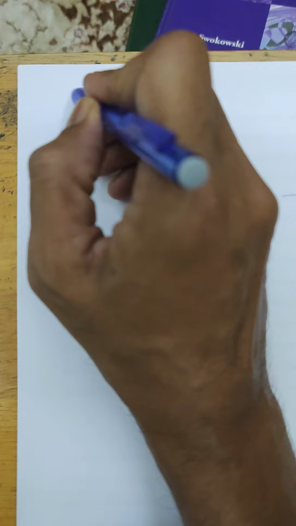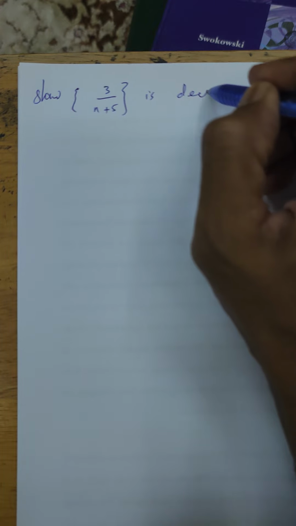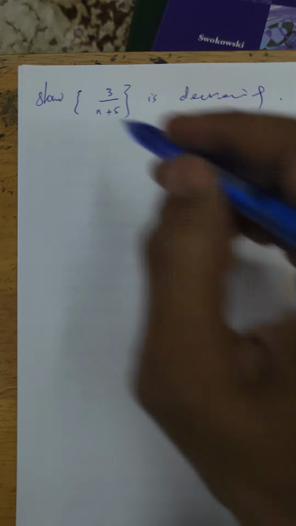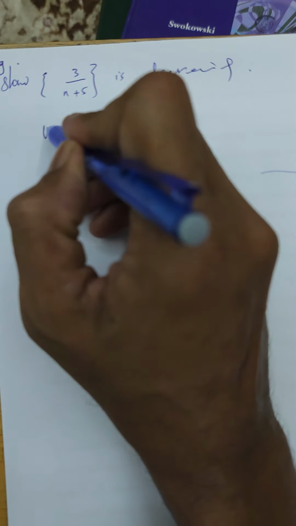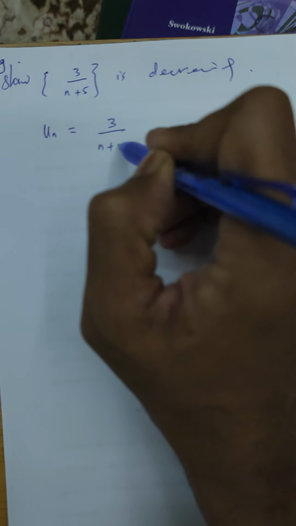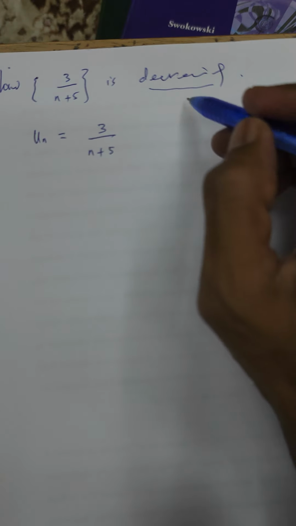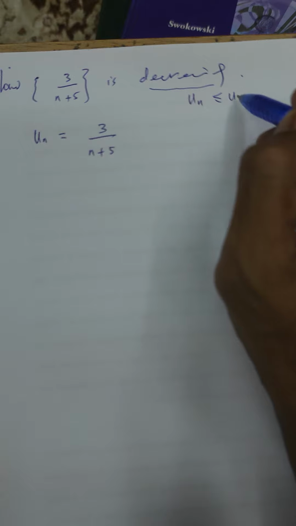Let's say we consider this sequence 3 over n plus 5. Show that this sequence is decreasing. Example. Oh, sorry. So this is your Un. That's your Un. 3 over n plus 5. We want it decreasing, so we want to show that Un is greater than Un plus 1.